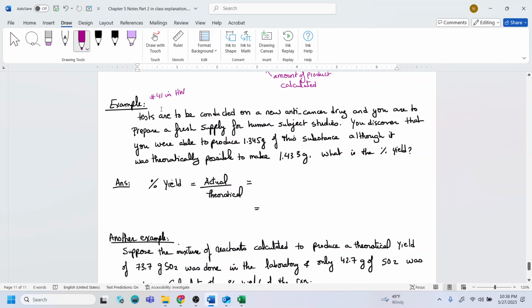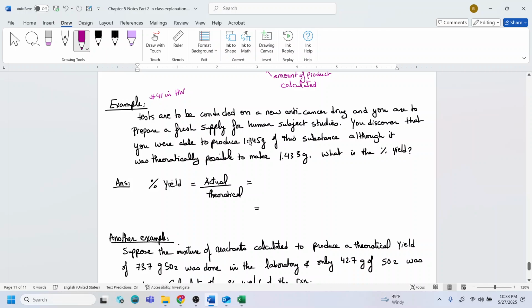Okay, so tests are to be conducted on a new anti-cancer drug, and you are to prepare a fresh supply for human subject studies. You discover that you were able to prepare that much of the substance, although it was theoretically possible. So this is the experimental, and this is the theoretical.